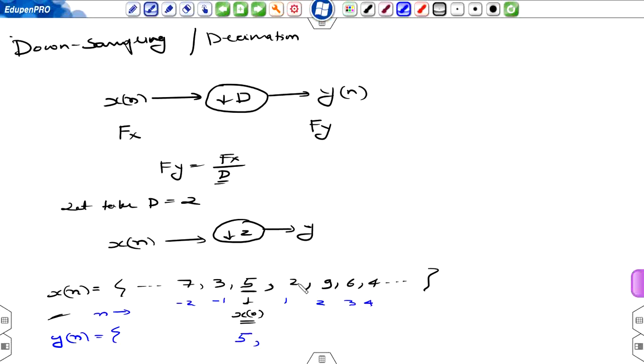The next sample that will be selected is 9. 6 will be rejected, 4 will be selected. And on the left hand side 3 will be rejected, 7 will be selected. And instances with respect to n will be 0, 1, 2, and -1.